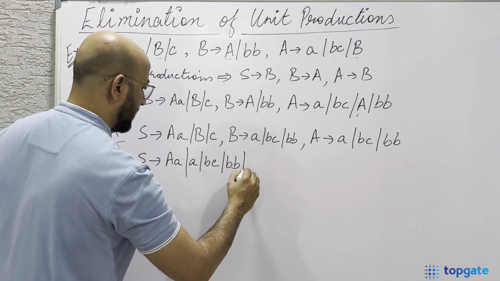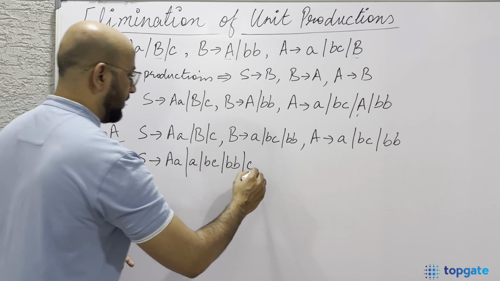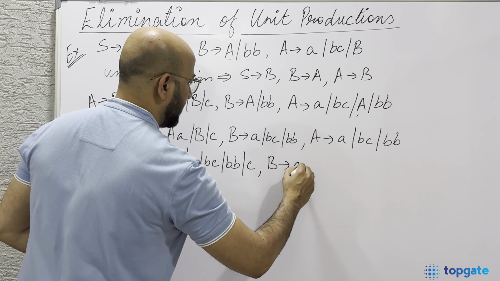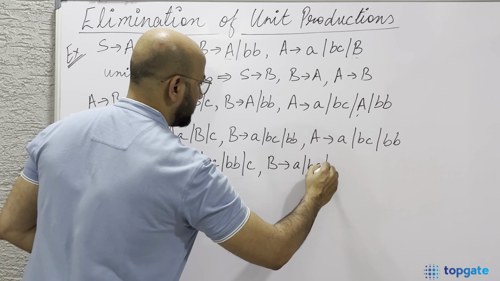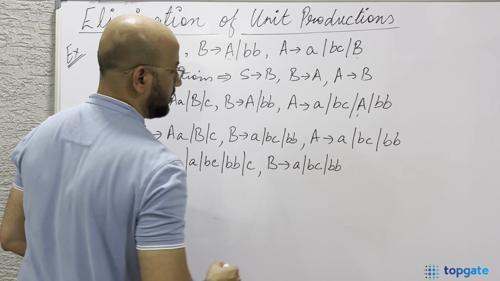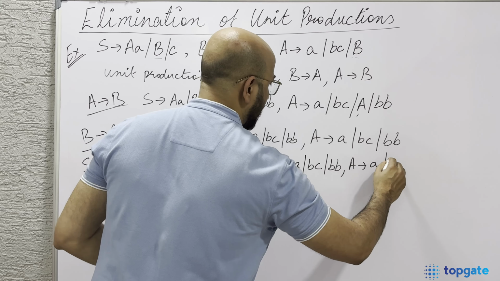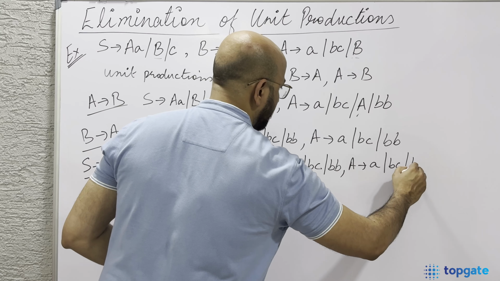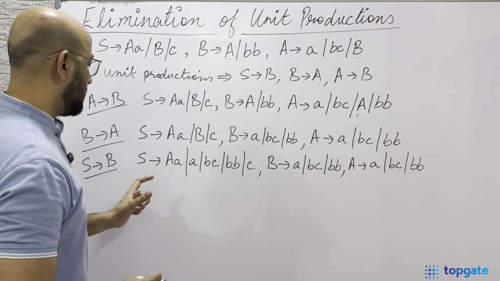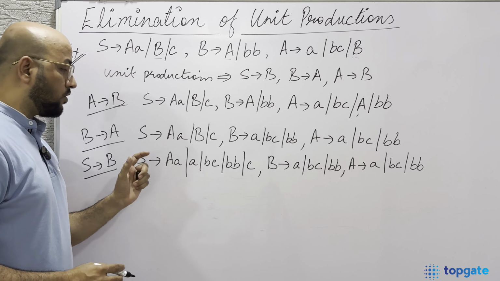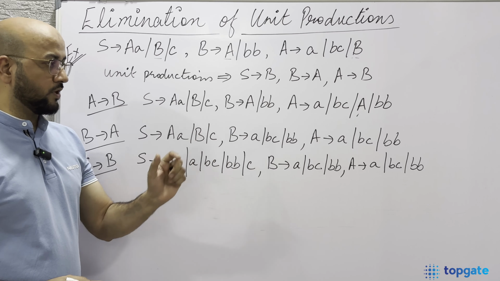C. So I'll put that C here, and then I'll copy everything as it is. That is B derives A slash BC slash BB. Then we have A derives A slash BC slash BB. So this is the final grammar after I have eliminated all the unit productions from this context-free grammar.